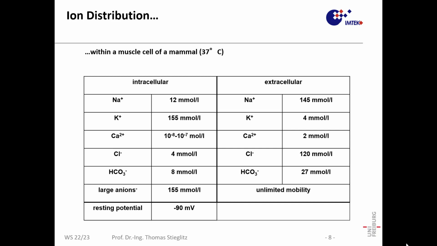So if you would open a gate, the ions would go, driven by both the electrical field and the diffusion, from the outside to the inside. And the more they are on the inside, so the number is rising, the driving force in the gradient is getting less. And we have a kind of equilibrium with the charges.